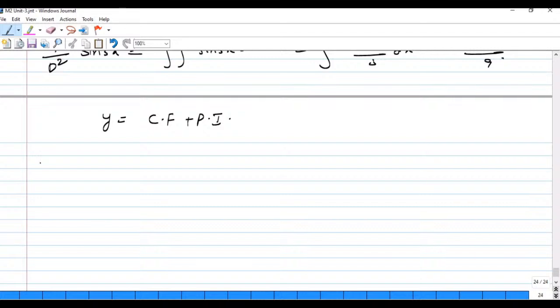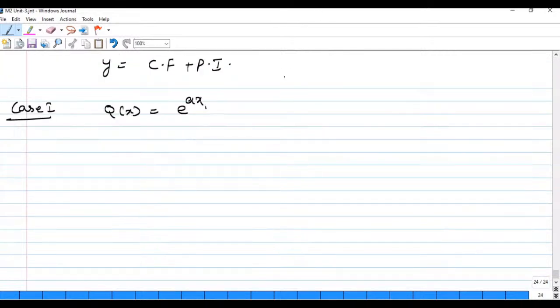Okay, for finding the particular integral, case 1: if the RHS function is e^(ax), then listen. What is the PI formula?